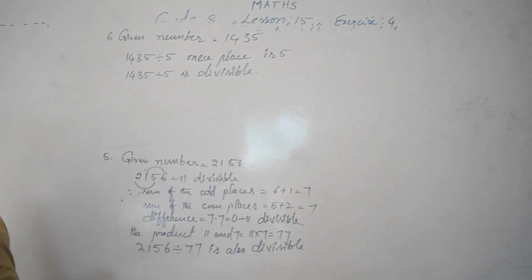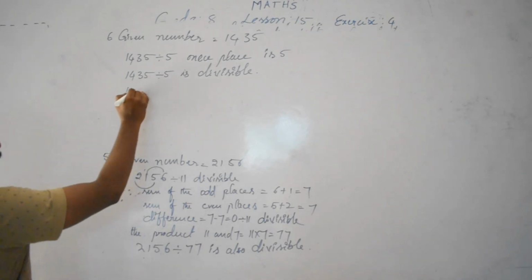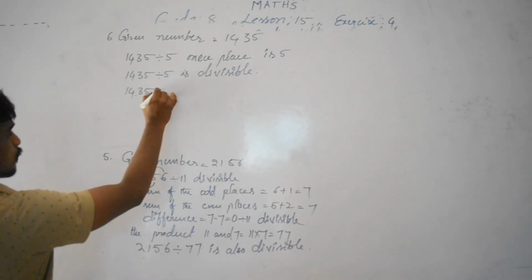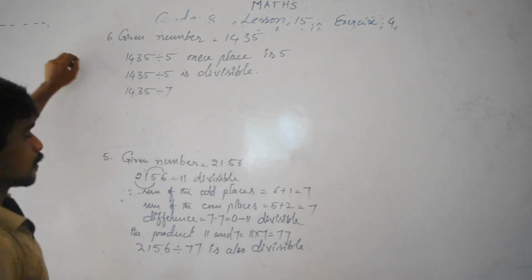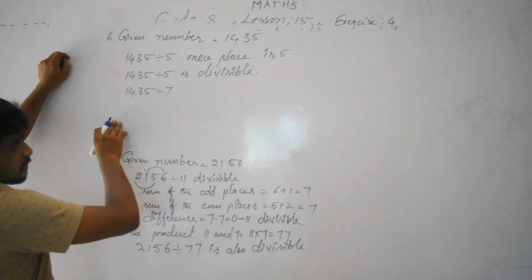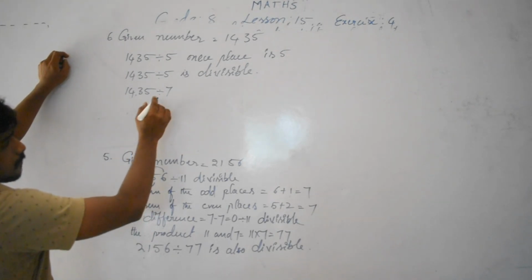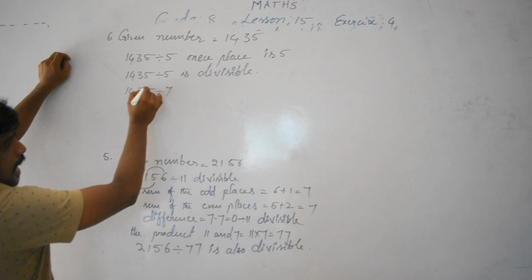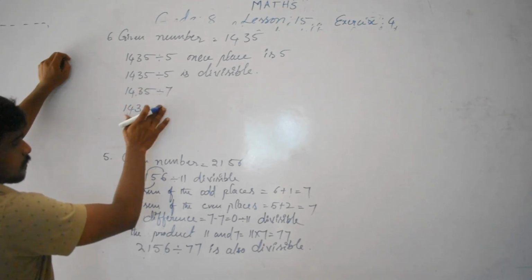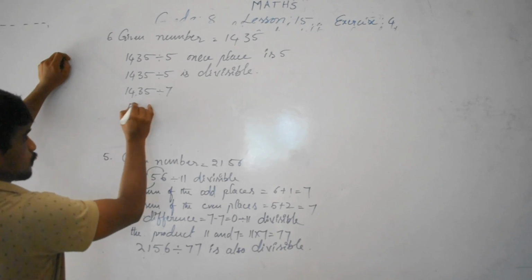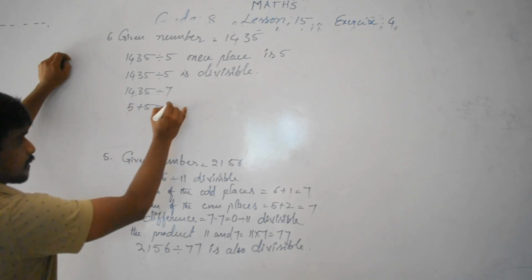Next one. 1435 divided by 7, divisible or not divisible? So here what is the 7 divisibility rule? Last digit twice. So 143, 5 plus 5, 10.